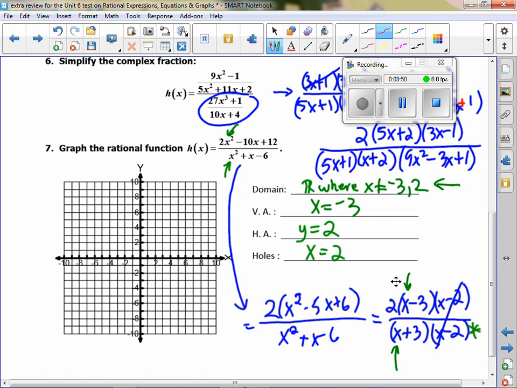You have your vertical asymptote at negative 3, get that on there. You have your horizontal asymptote at y equals 2, put that on there. For the rest of it, we're just looking for a general graph after that. So let's see.